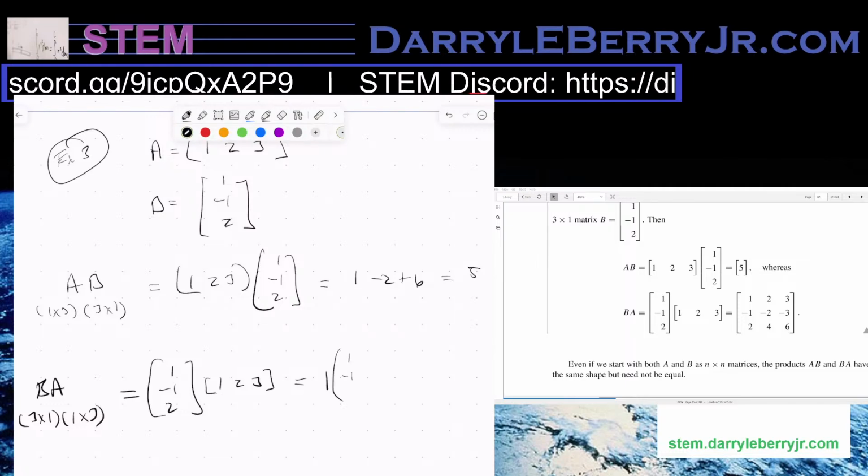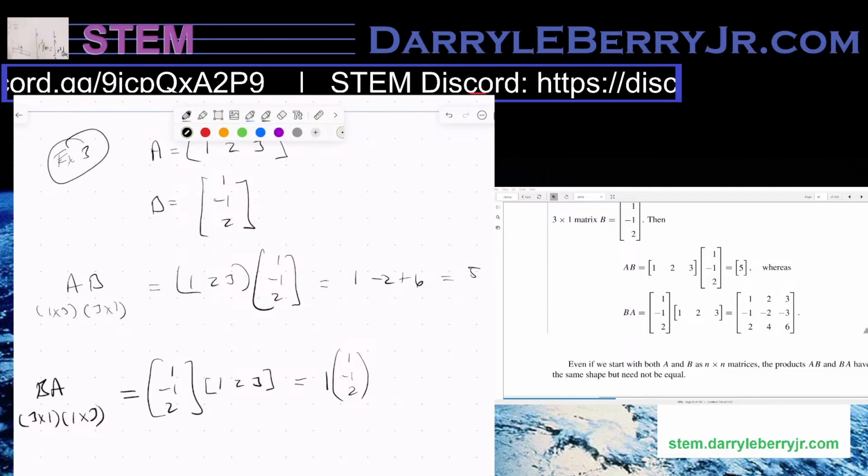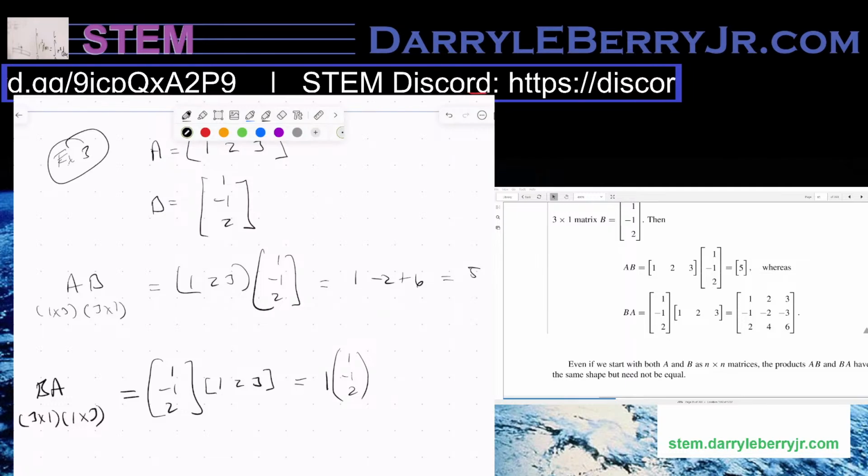Each one of the columns becomes still a column.